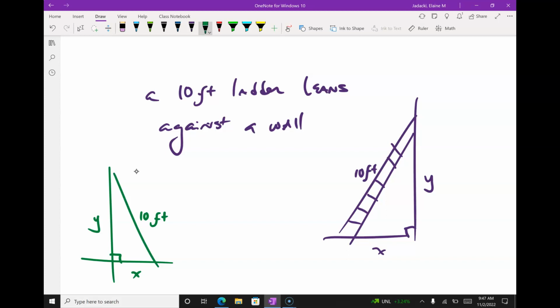You can see this ladder sliding away from the wall at the base, and the top is sliding down. Since the height is moving down, that change will be negative. It just means direction. And the x is sliding out, that will be positive. So dy/dt will be negative here. dx/dt will be positive.